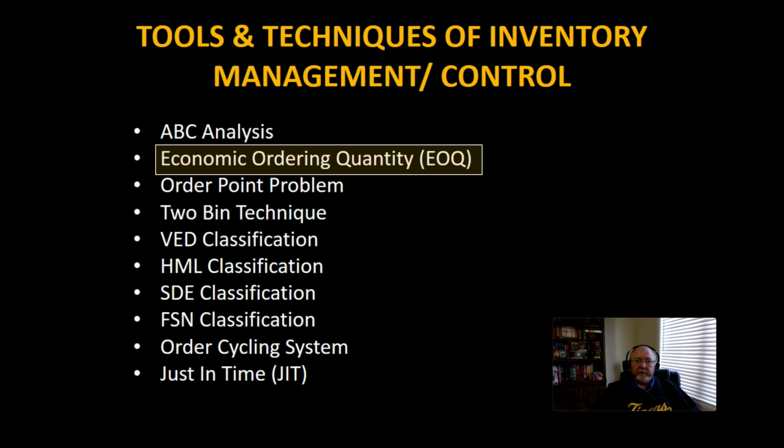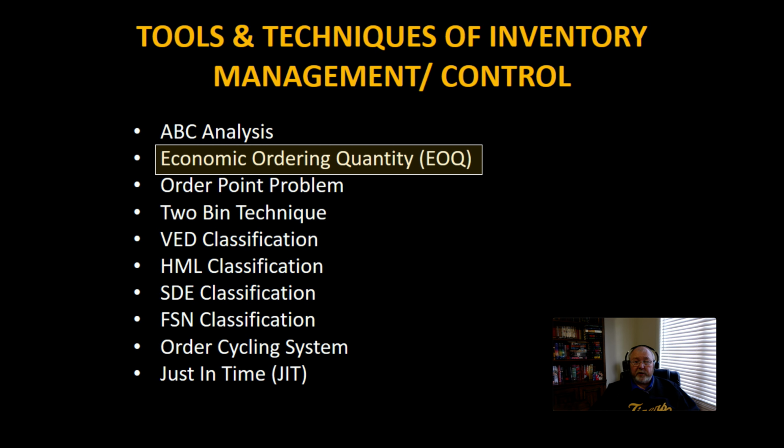Now those various tools and techniques of inventory management and control, a few of those are listed on this slide. Activity-based costing, order point problem, two-bin technique, VED, HML, SDE, FSM, order cycling systems, just-in-time.